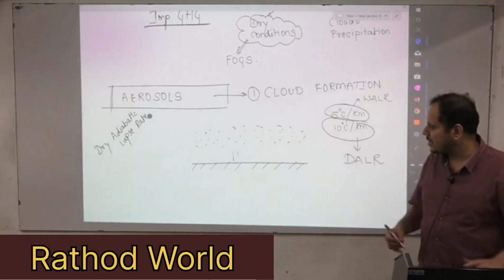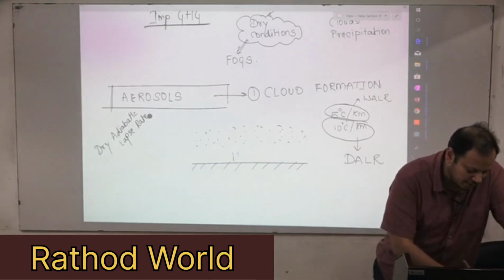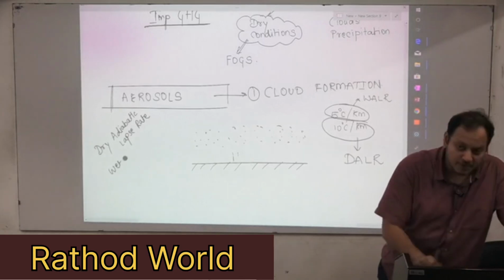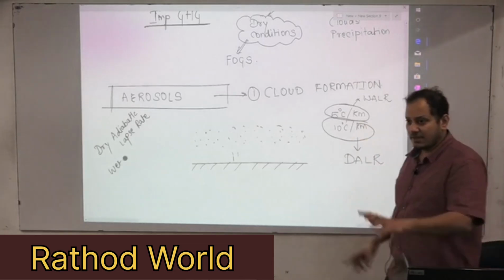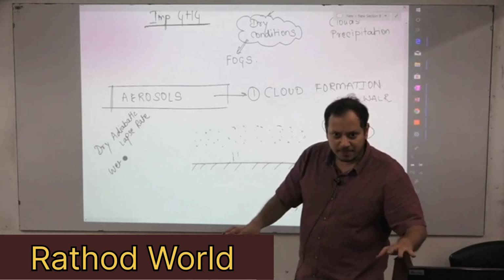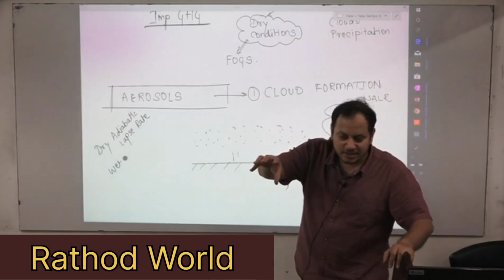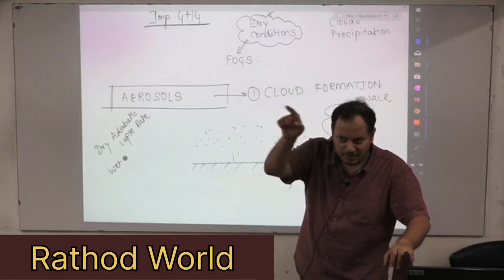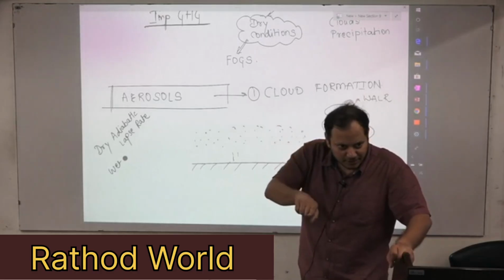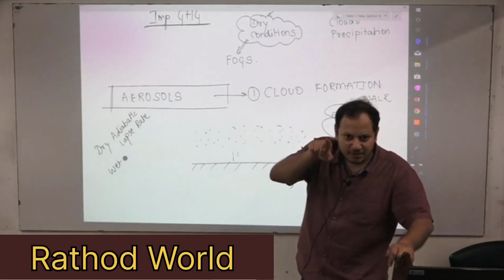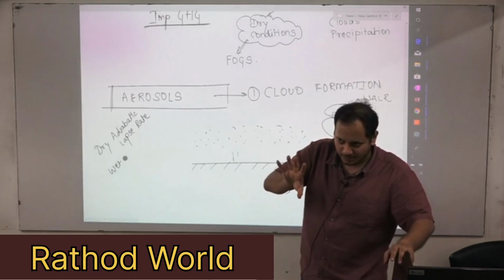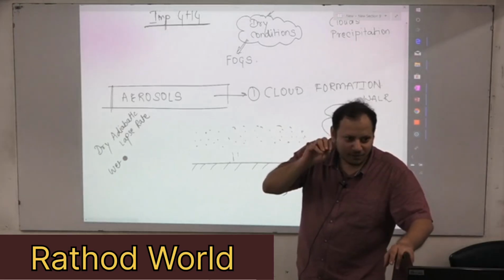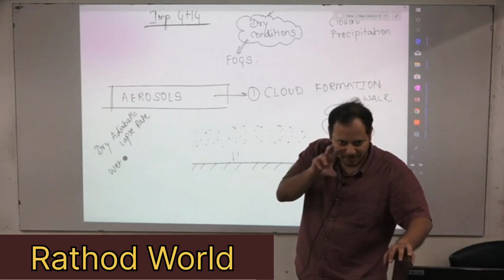Dry adiabatic lapse rate, and obviously there is a moist or wet adiabatic lapse rate. What is this? Suppose right now the air here, there is too much heat in Delhi right now, and the air from the land is going up. It is dry air. It will cool at the rate of 10 degrees Celsius for every kilometer. Fine? Going up, it formed clouds. If it forms the cloud and starts giving rainfall, that air has become moist.